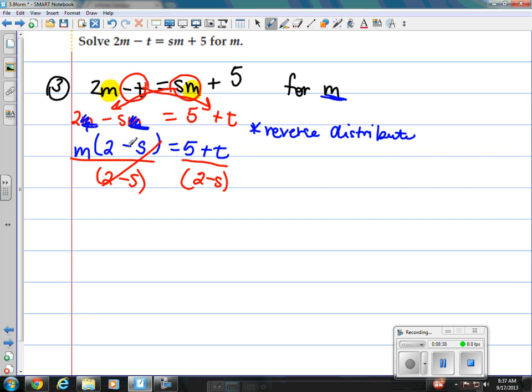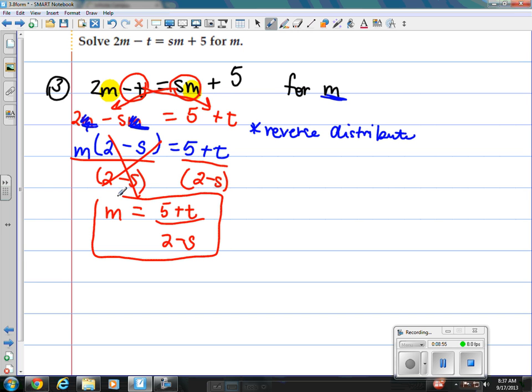So my parenthesis cancels out. I'm left with just my m now, equals. We look over here, 5 plus t doesn't reduce. Over s, 2 minus s doesn't reduce. And that's our answer, because nothing can reduce. Everybody just stays the way they are.